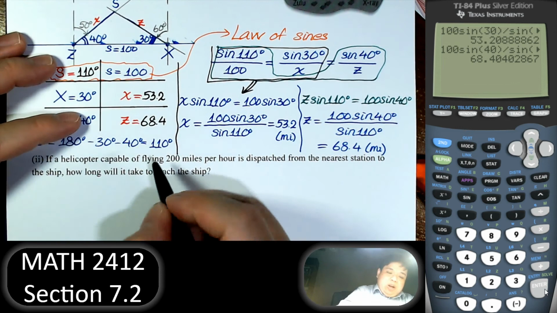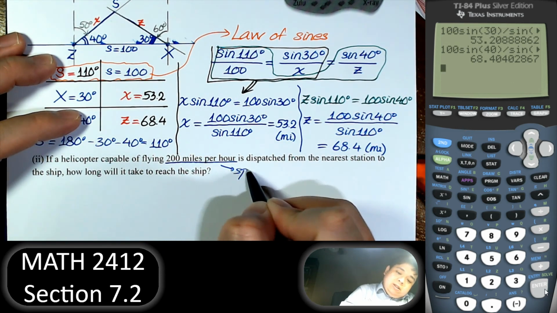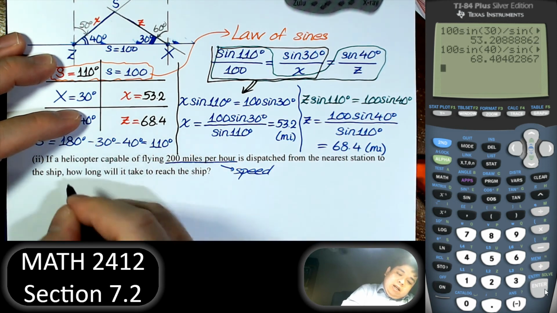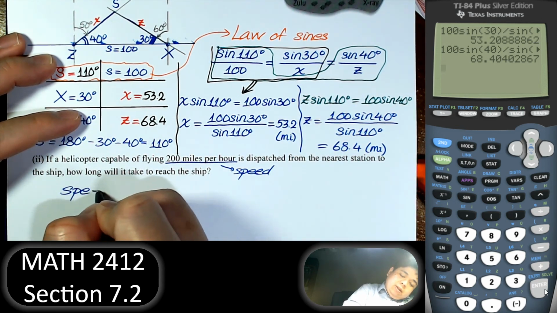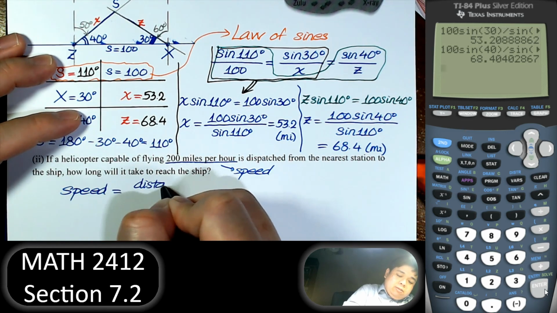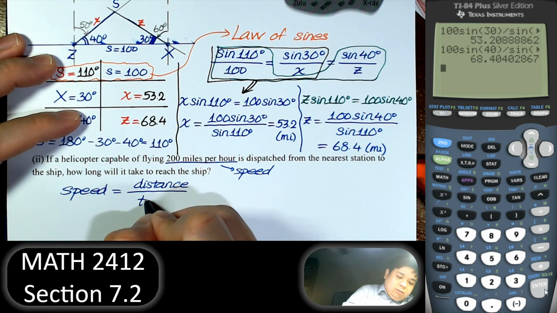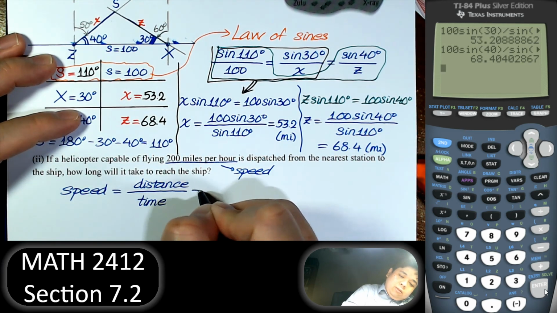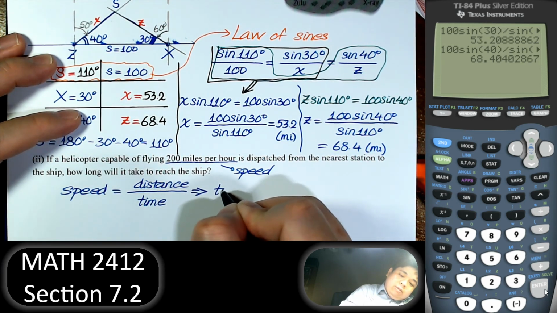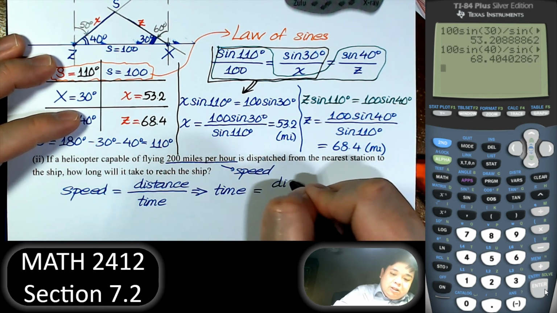So this is easy. We have 200 miles per hour, so this is the speed. And we have speed is equal to distance divided by time. So we have time is equal to distance divided by speed.